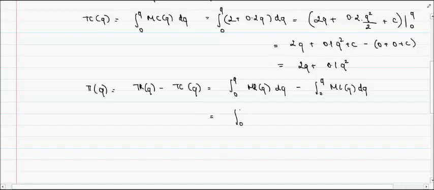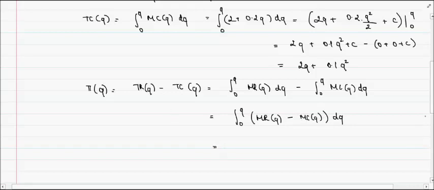Using the integral rule, the difference between two integrals is the integral of the difference, so it's the difference between the marginal revenue and marginal cost curves. If you take the integral of this, that gives you the profit for the firm.